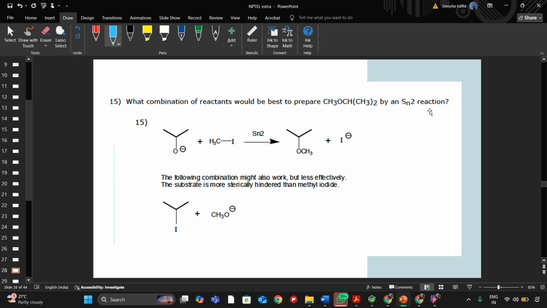So here you have to check the least sterically hindered iodide, because for SN2 mechanism we need a concerted attack by the nucleophile. Hence, the least sterically hindered iodides are preferred.